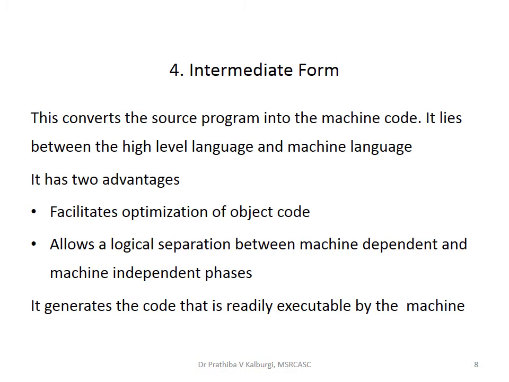So this intermediate code generator is going to give the code which is already converted into the intermediate code. For example, in the previous examples you have observed that we have three address code, which is commonly used as an intermediate code.